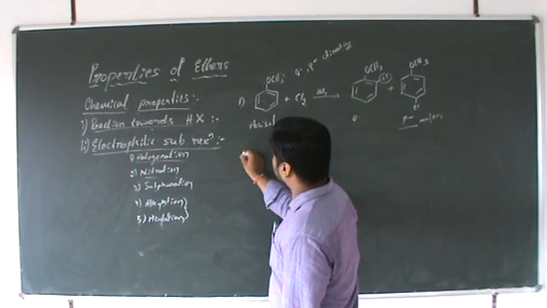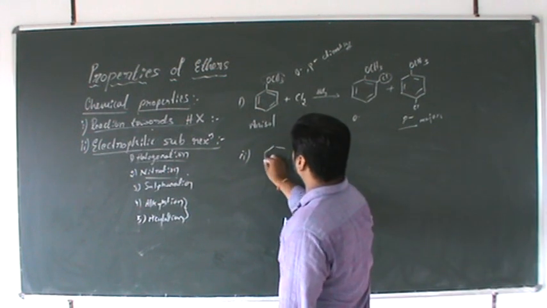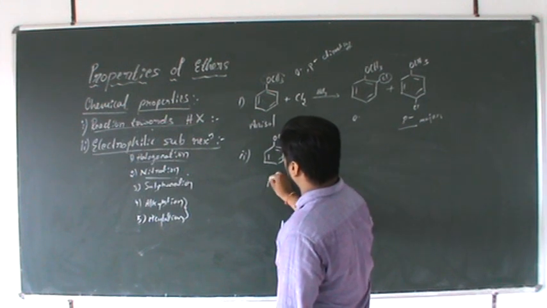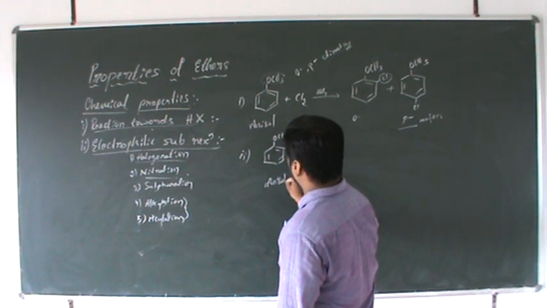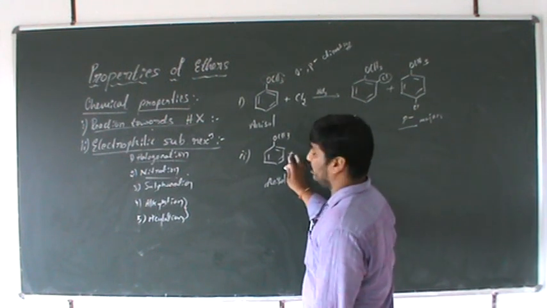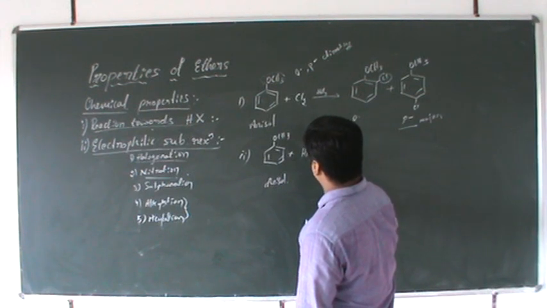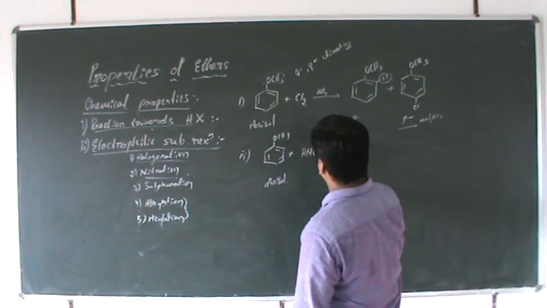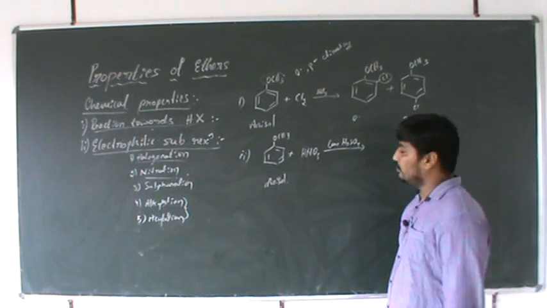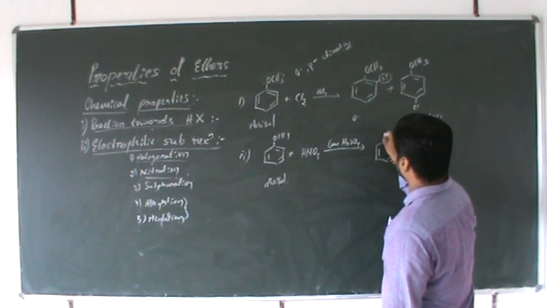Okay. Next is nitration. Second, nitration. Anisole reacts with, I am considering again anisole. It is a major and important compound under organic ether. HNO3, nitric acid, in the presence of concentrated H2SO4, produces again ortho and para derivatives.